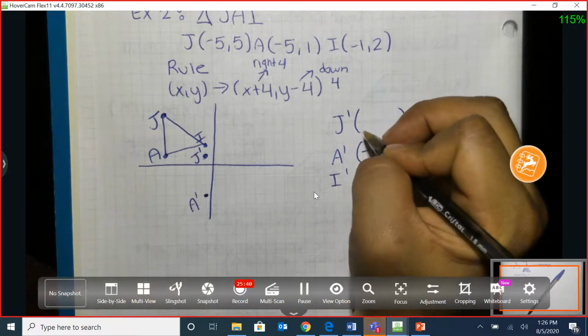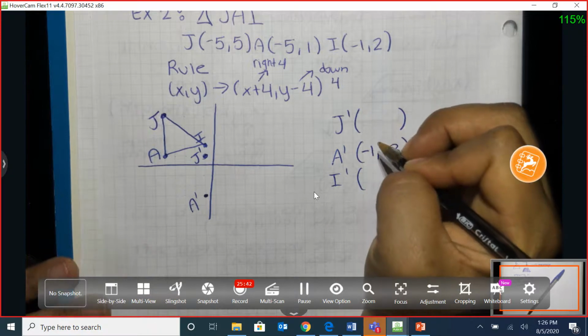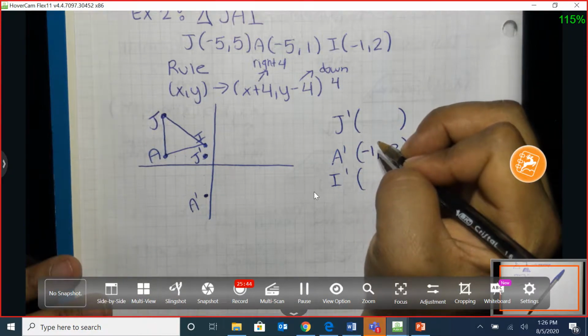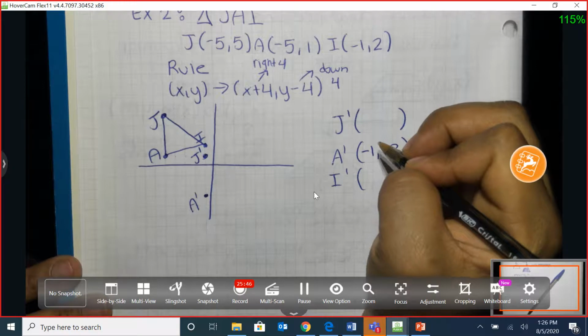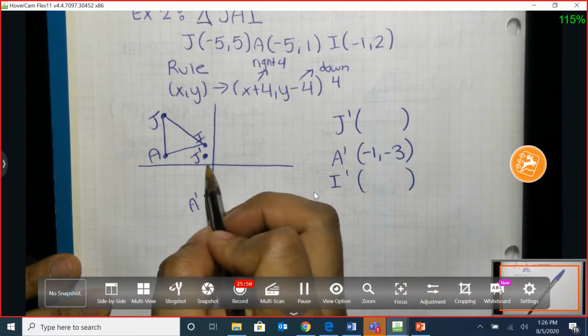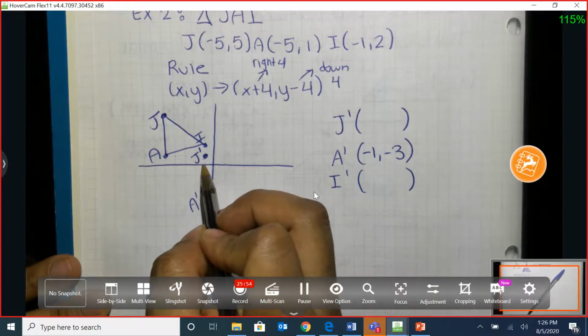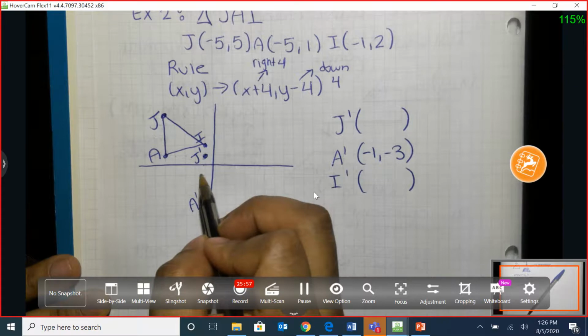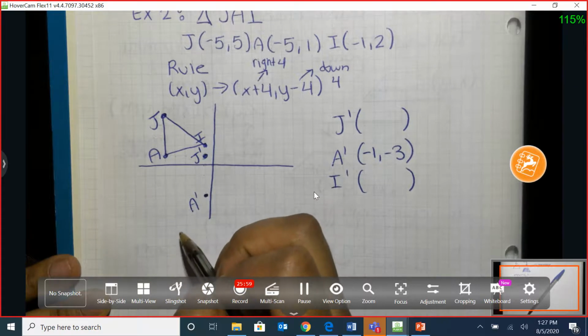I'm confused because it's not 3, 0. I think that's for I, isn't it? No, that's not for I. So J. Okay, so J. Here we're going to the left. Remember, always go on the x first and then y. So what would be my coordinate form for J prime?